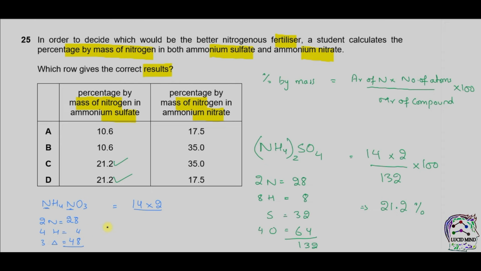Adding these three together, the MR comes equal to 80. We can do the calculation. 14, which is the atomic mass of nitrogen, into the number of atoms of nitrogen, which is 2, divided by MR of ammonium nitrate, which is 80. So it comes equal to 35%. Correct option is therefore C.